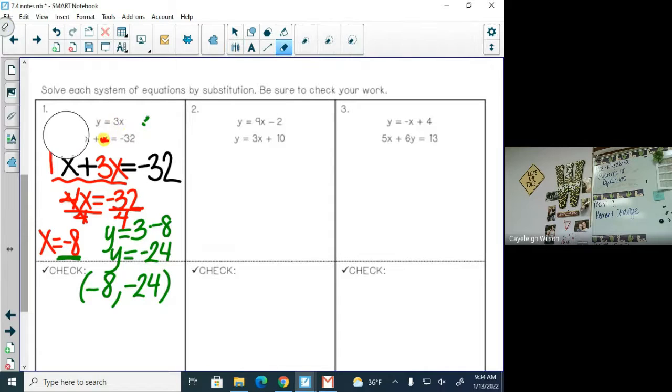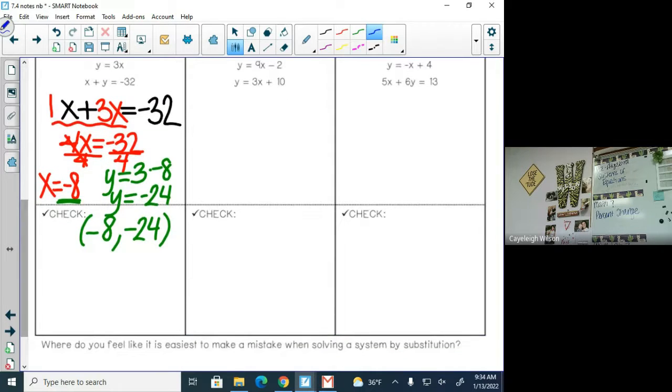Okay, so I'm gonna erase this just so we can see it. So if I check it in the first one, y equals, we said y was -24, so -24 equals 3 times -8. What is 3 times -8? So it works in that one, but it has to make both of them true, not just one of them.